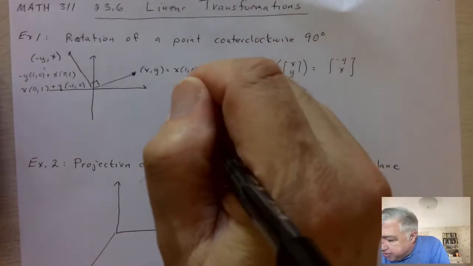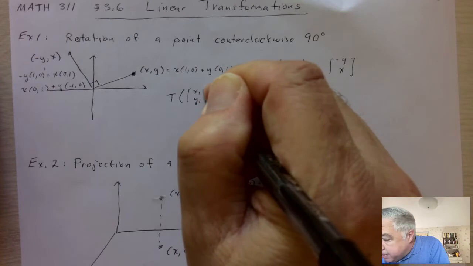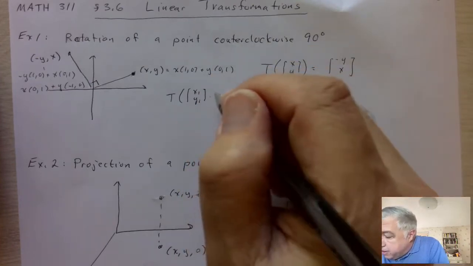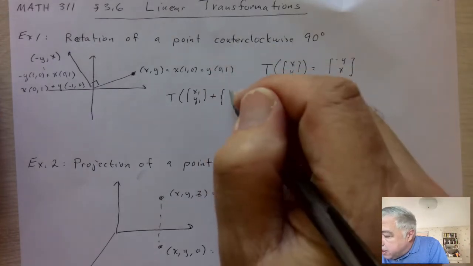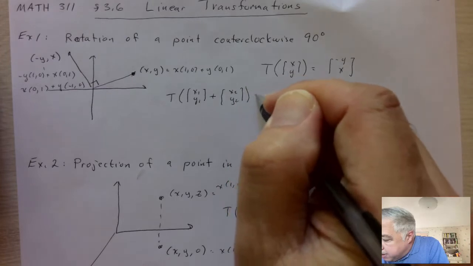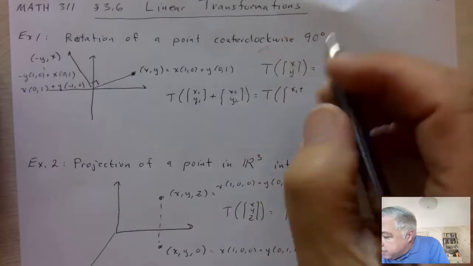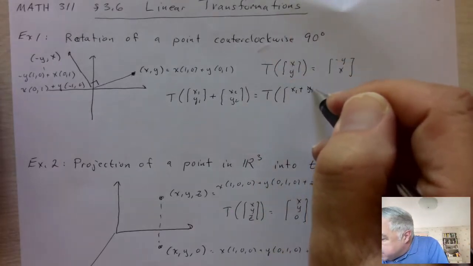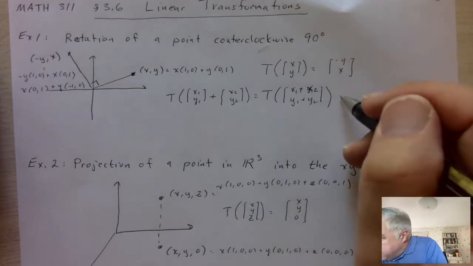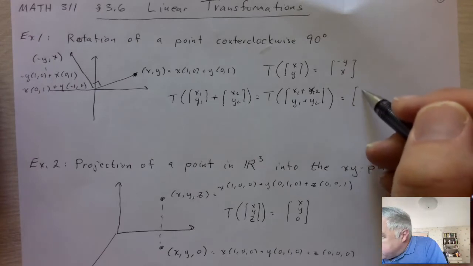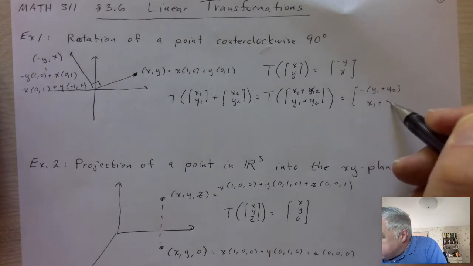because up here, if we apply T of, let's say, (x1, y1) plus (x2, y2), this is going to be T of (x1 plus x2, y1 plus y2), and then the output says that this should be (minus y1 plus y2, x1 plus x2).